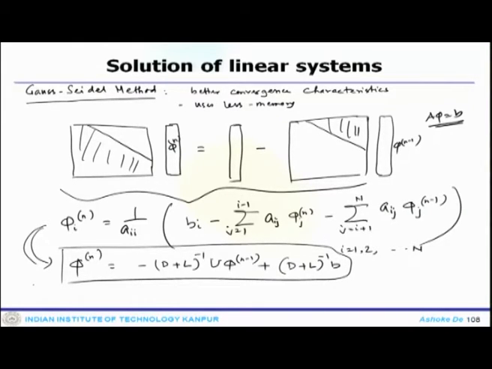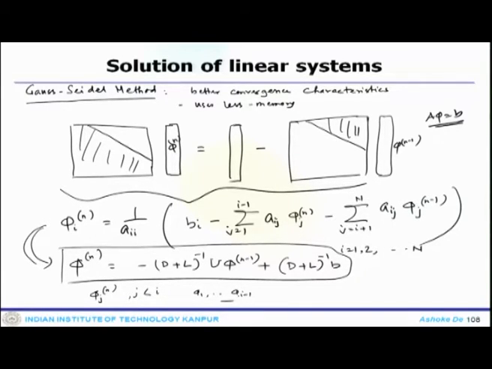So, the Gauss-Seidel method uses the most recent values in its iteration, especially if you look at phi j at the nth level when j is less than i, since by the time phi i is to be calculated, the values of phi 1 to phi i minus 1 are used, which are the most recently calculated in the ongoing iteration.